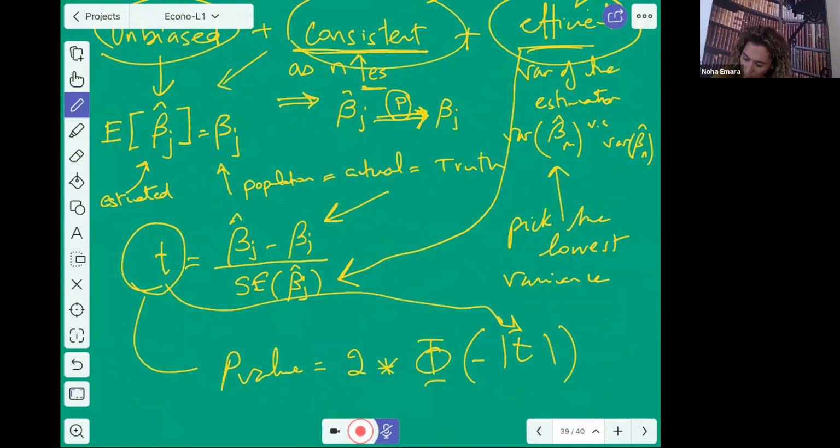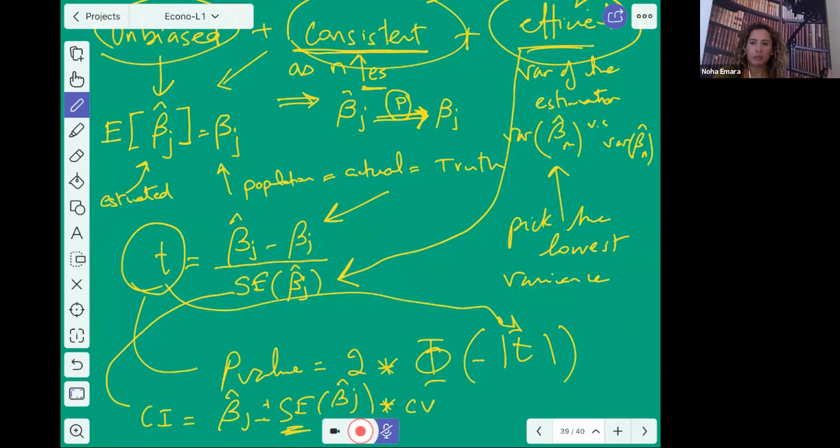And if you remember, the standard error is used in the confidence interval, because the confidence interval is beta hat j plus or minus the standard error of beta hat j times the critical value. So if the standard error is not the lowest, then the confidence interval would be wider than it's supposed to be.